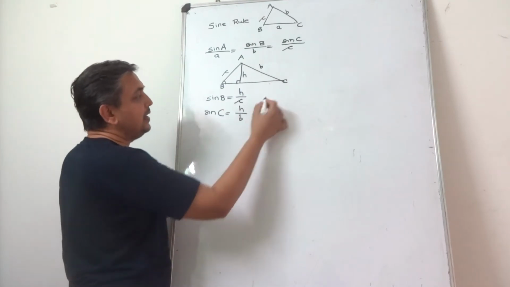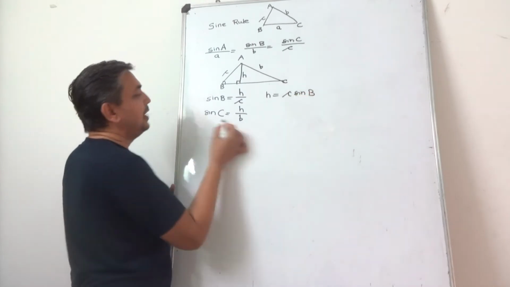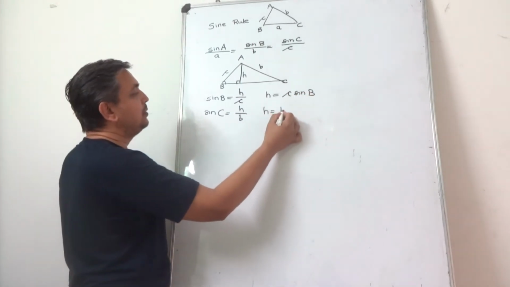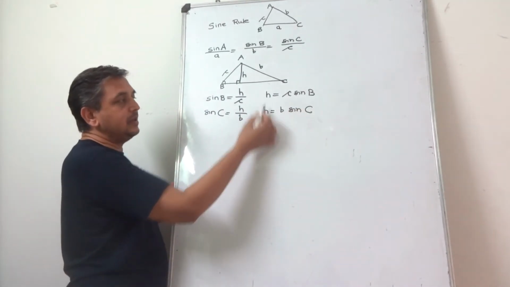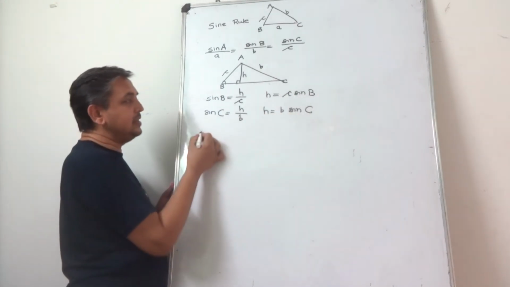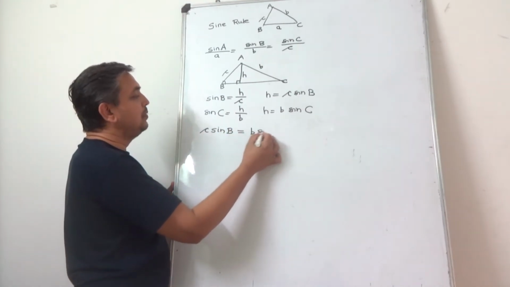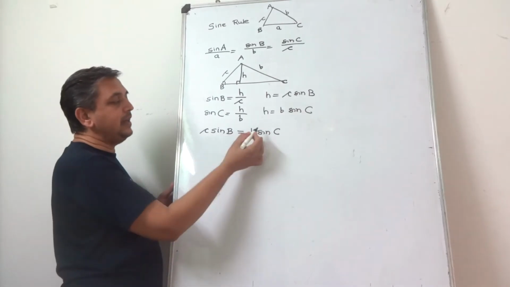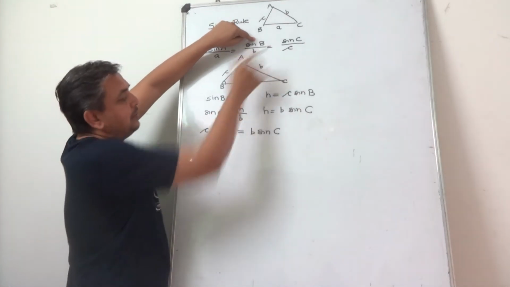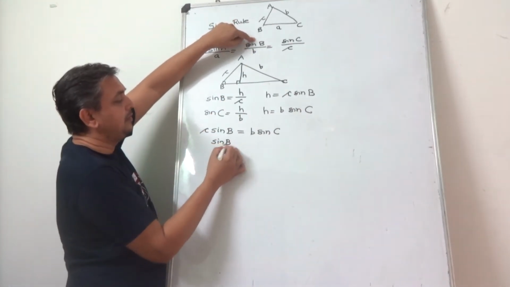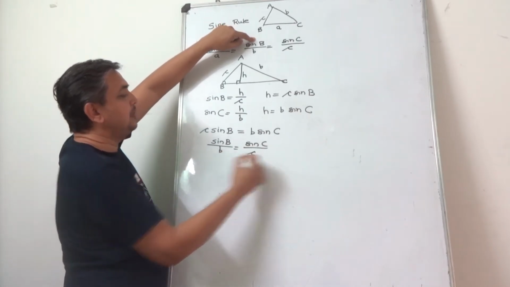From this we can write h equal to c sin B, and from this we can write h equal to b sin C. But h is the same, so equating the left hand sides we get c sin B is equal to b sin C, and dividing by b and c, we get sin B upon b equal to sin C upon c.